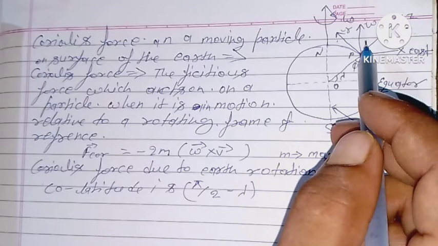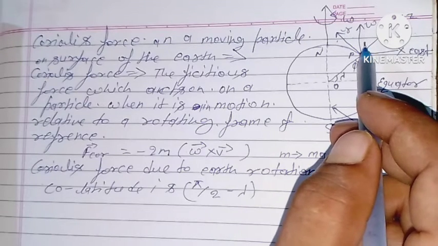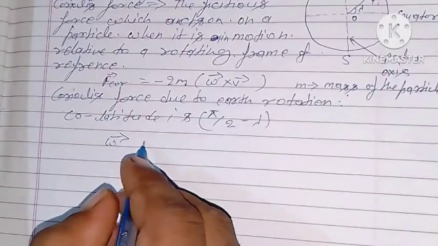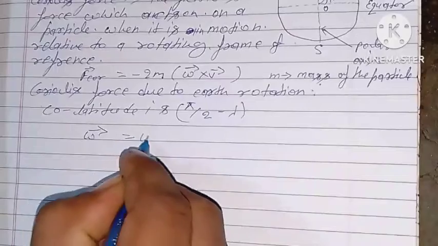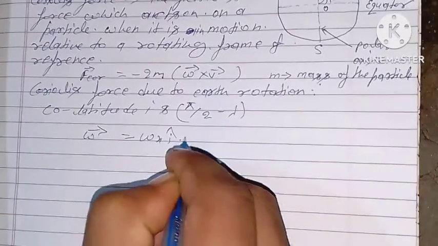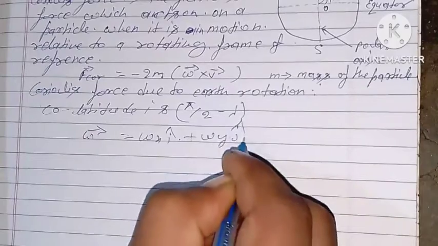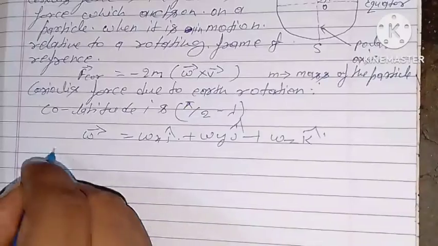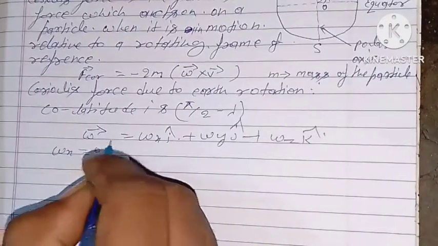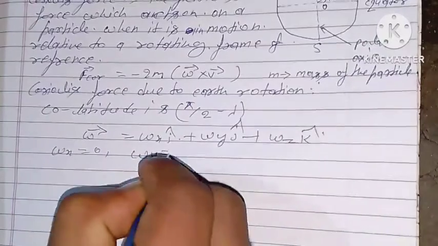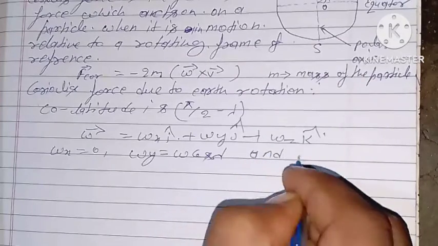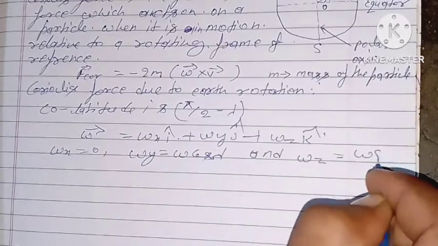If i, j and k are the unit vectors along the x, y, z axes respectively, then omega vector equals omega x i plus omega y j plus omega z k, where omega x equals 0, omega y equals omega cos lambda and omega z equals omega sin lambda.